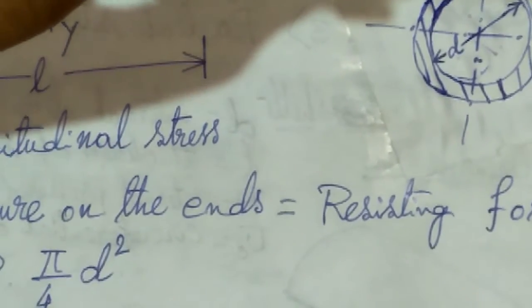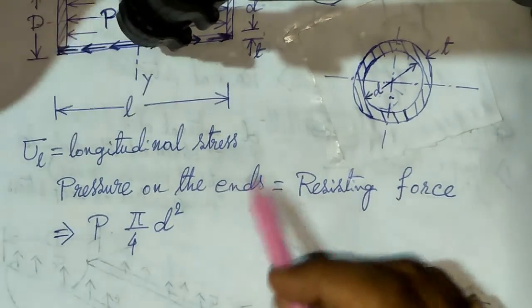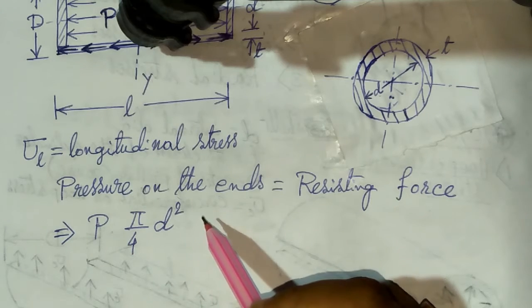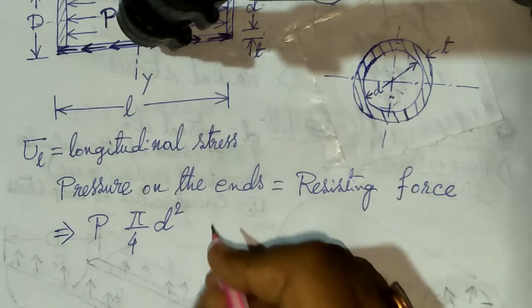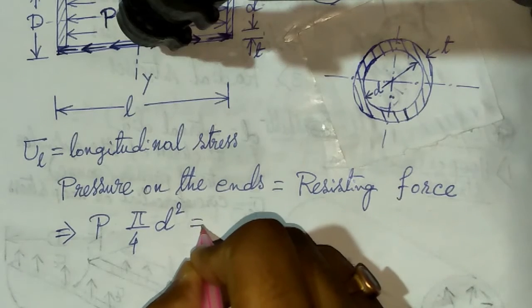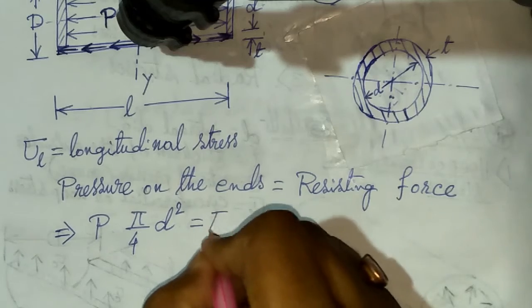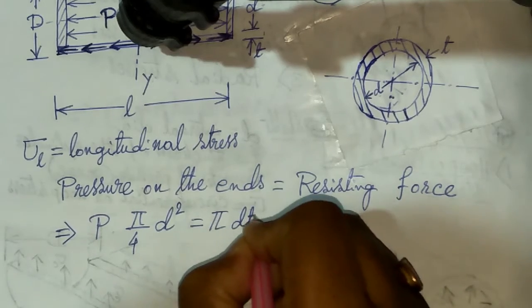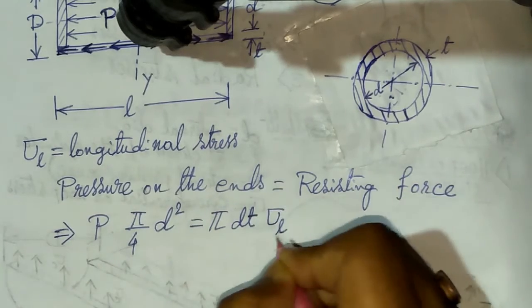So the pressure into the area is the force on the end, or pressure force on the end. That is equal to the resisting force, that means pi d t into sigma L.